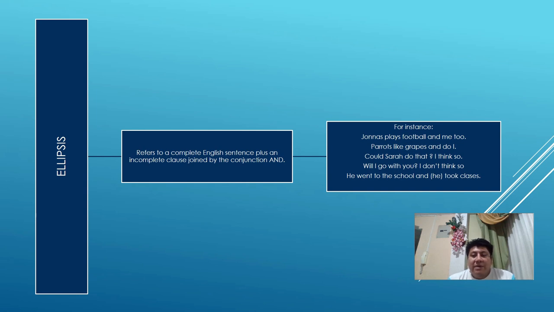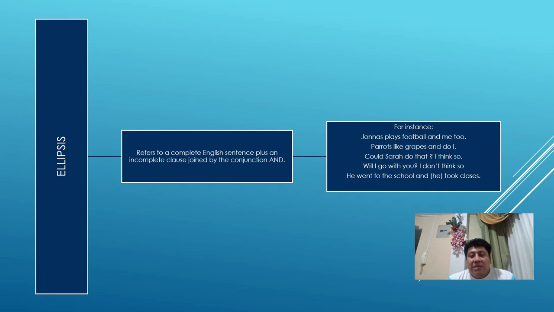For instance, Jonas plays football, and me too. As we can notice here, the first part is a complete grammatical sentence, and the second part is incomplete. But when we use the conjunction and, we give a complete meaning to the sentence.